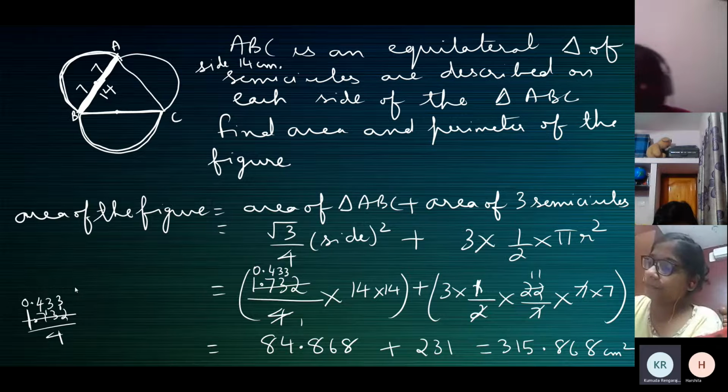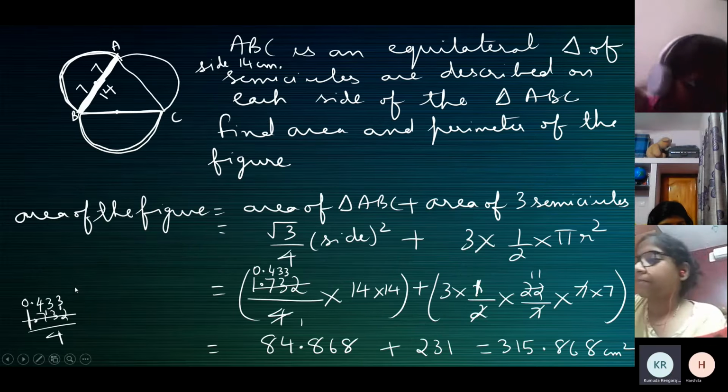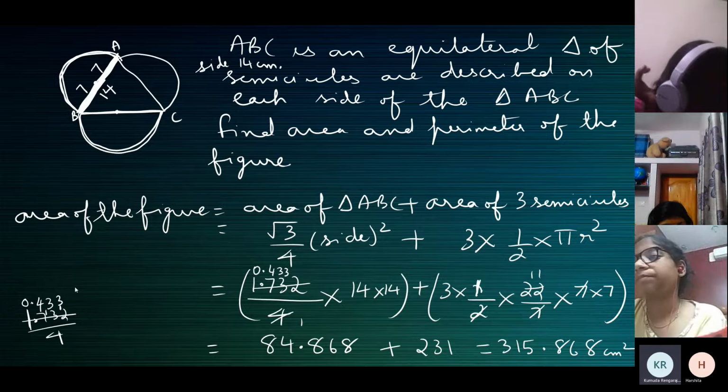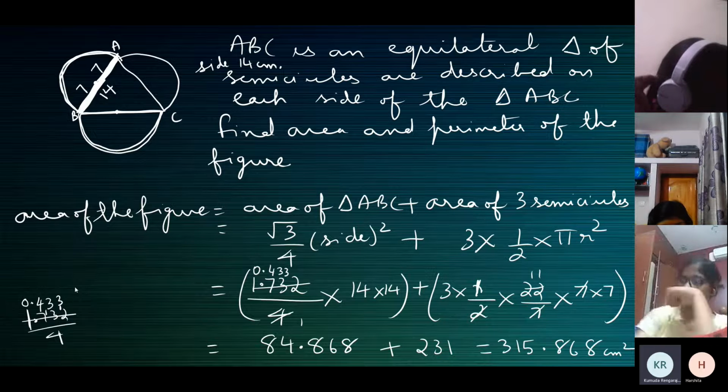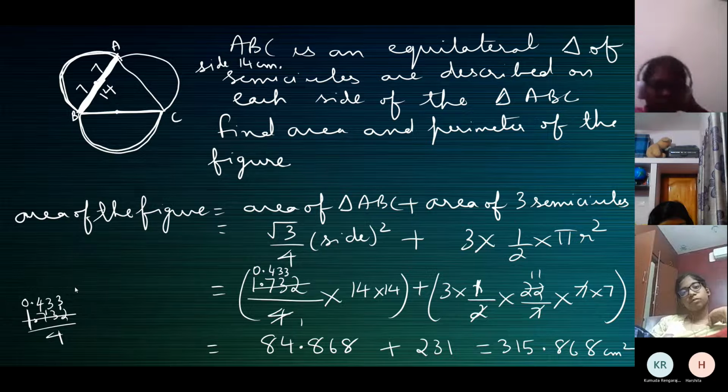Or if you want to do this division, I'll just clear the slide and show you the long division. We can divide a decimal number by an integer like this.